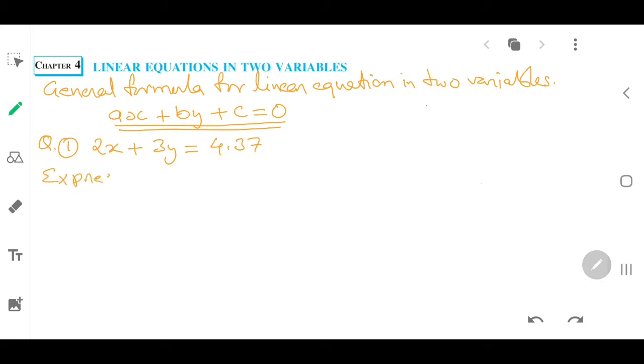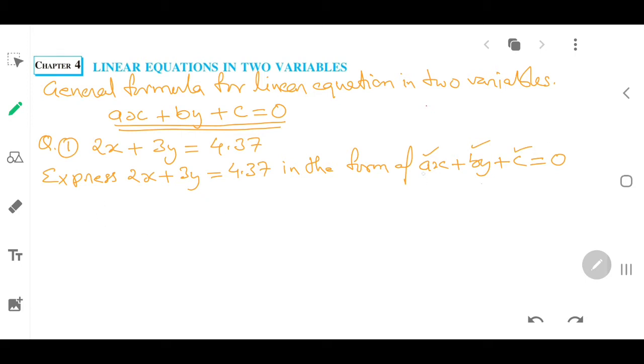So express twice x plus 3y equal 4.37 in the form of ax plus by plus c equal 0. After that you have to find the values of a, b and c.